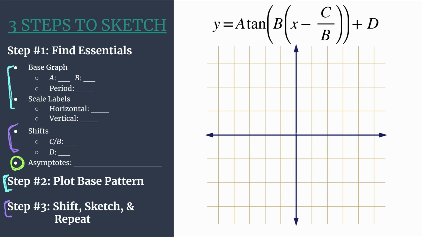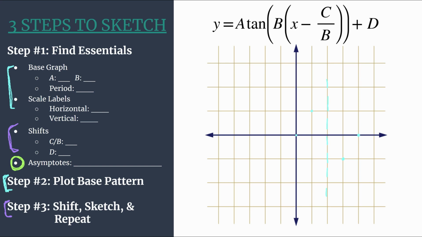So we have a 0 at the origin. Let's just assume our first curve shaping point falls here. We'll have an asymptote at our second horizontal tick mark, and then we have our second curve shaping point down here in line with the third tick mark. And then we'd repeat, so we'd start again. Let's just put a point that'll help us close out our curve. Okay, so this would be an unshifted base pattern tangent graph.